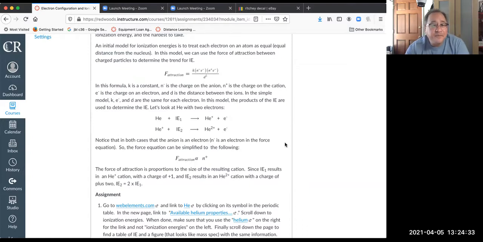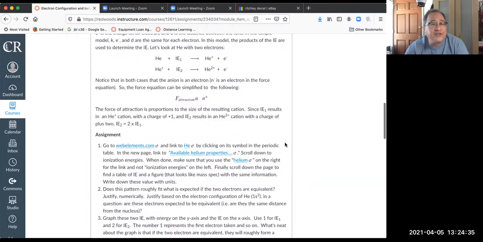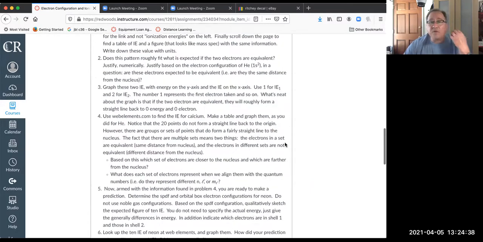Okay? So if we go to the question here, does the pattern roughly fit what is expected if the two electrons are equivalent? Well, I'd say it roughly does. We could even calculate a percent error. The percent error would be 4742 minus 5250 over 5250 times 100%. And roughly speaking, that's about 9% error.